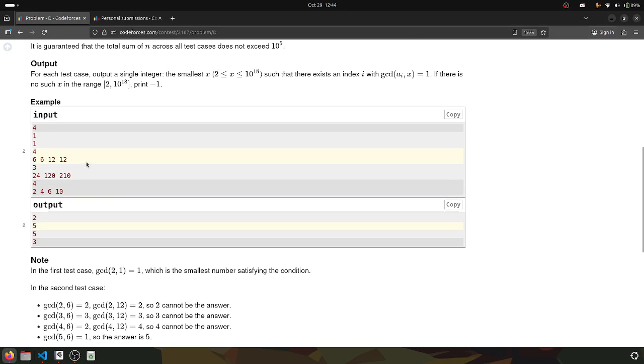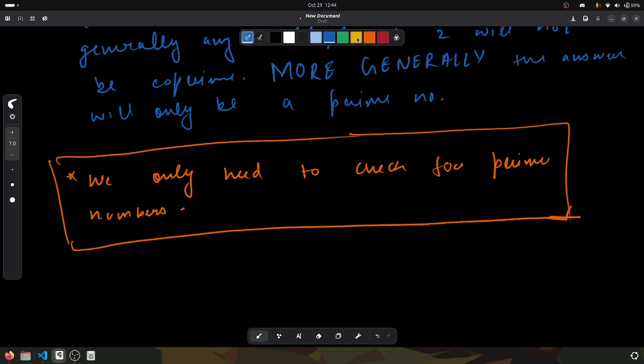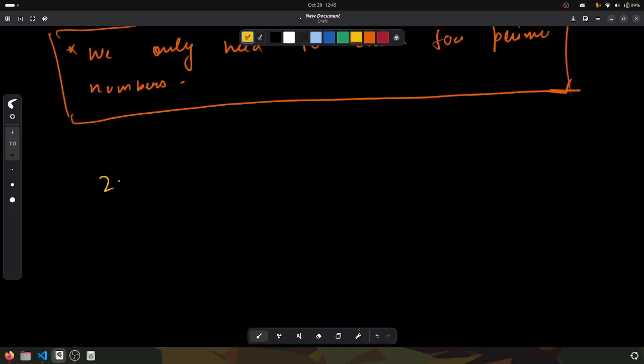So let's see further test cases. The next test case is 24, 120, 210. Since we made this observation, let's make use of that.